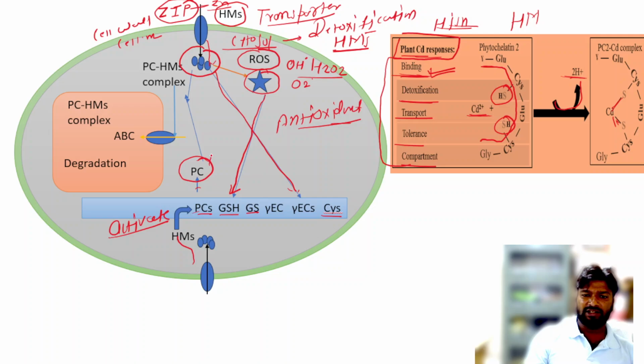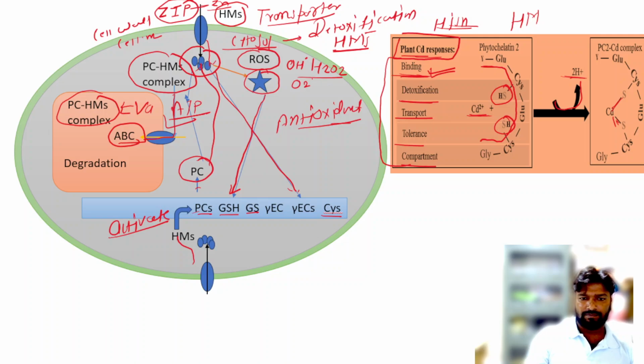So these phytochelatins form a complex with the heavy metals, known as the phytochelatin heavy metal complex, and this complex is transported through the ABC transporters, that is ATP binding cassettes, and later on this complex moves into the vacuoles where the degradation of this complex takes place, and this is known as heavy metal detoxification.